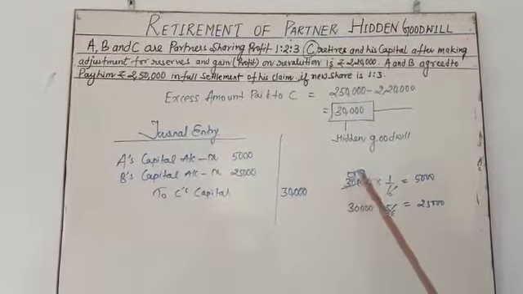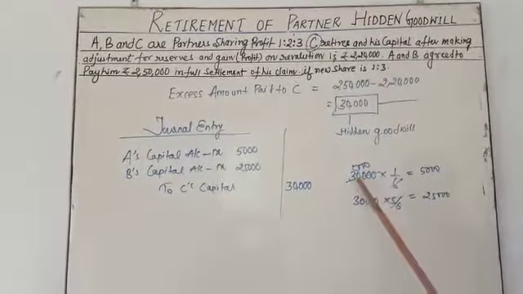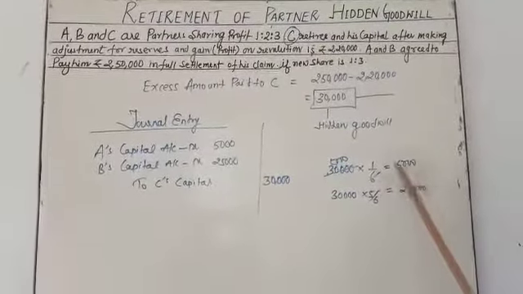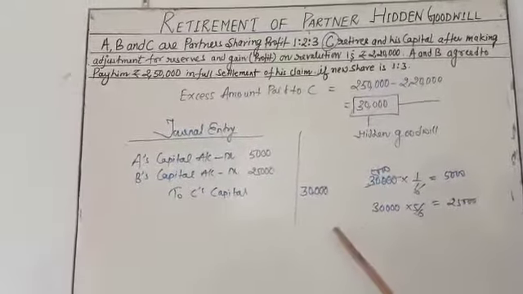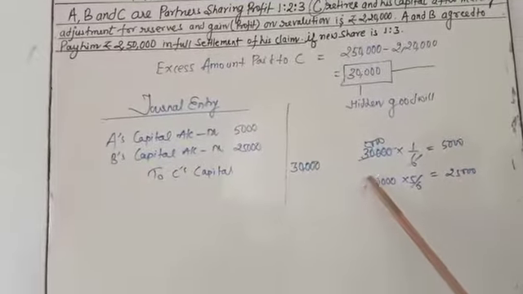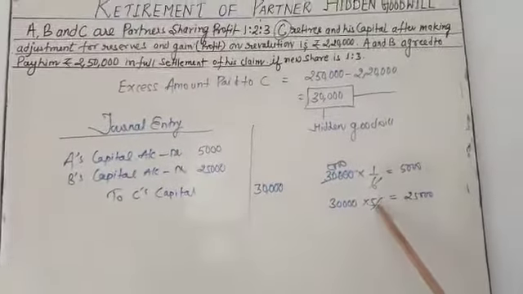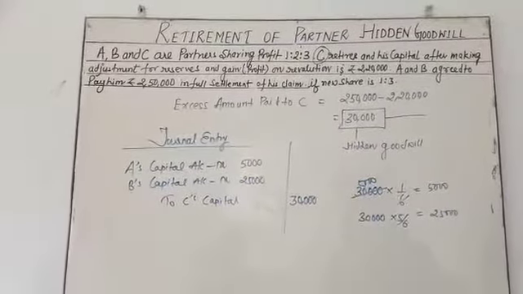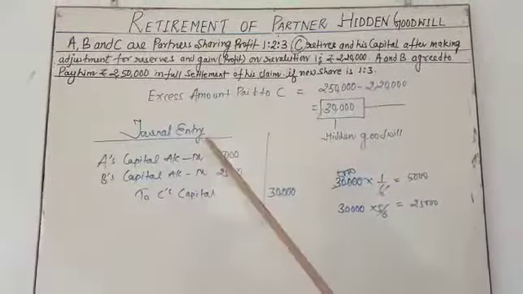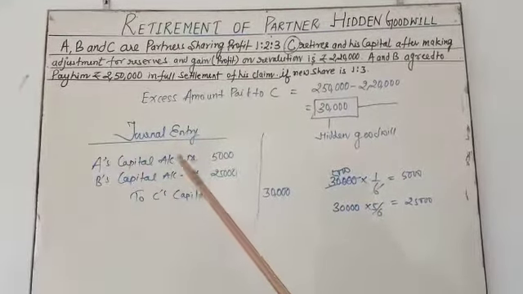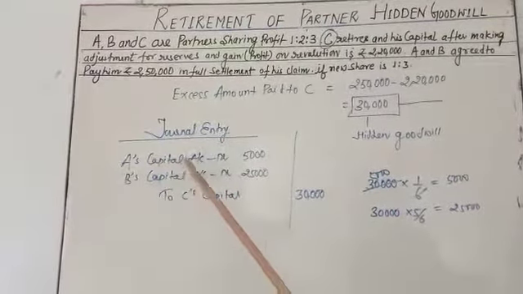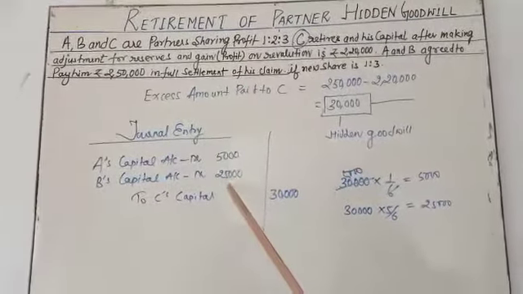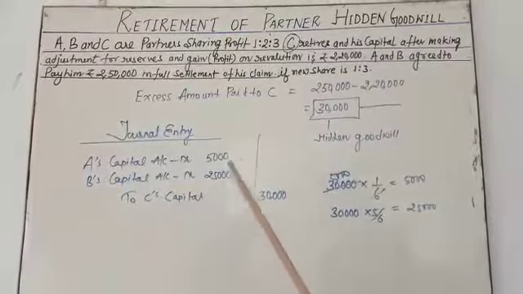Calculate how much amount is paid by A: 30,000 multiplied by 1/6 is equal to 5,000. How much is paid by B: 30,000 multiplied by 5/6 is equal to 25,000. That is put in the journal entry. Draw your format: A's capital account debit 5,000, B's capital account debit 25,000, to C's capital account 30,000.